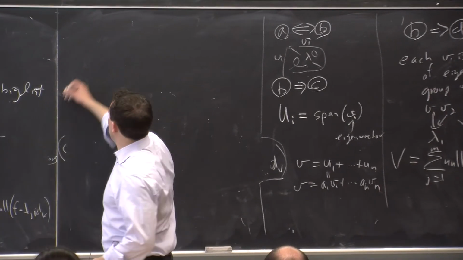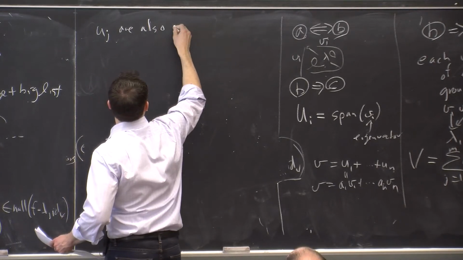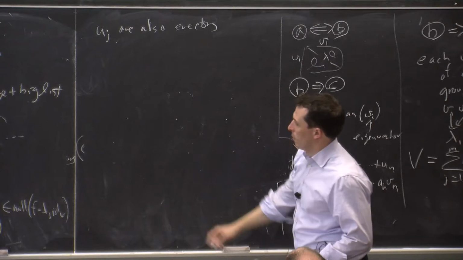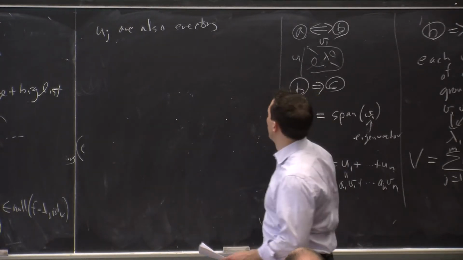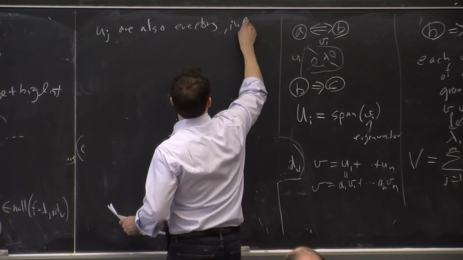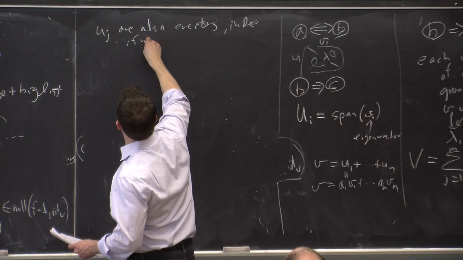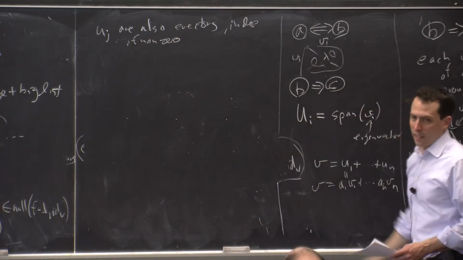These uj are also eigenvectors. They're linear combinations of eigenvectors, all of which have the same eigenvalue. And they're independent if they're non-zero, because they correspond to distinct eigenvalues.